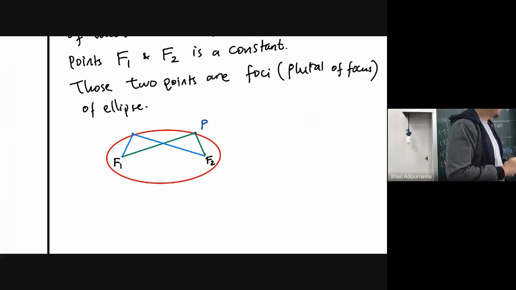What does it mean? If you move the P anywhere you want, F1P, PF2, this total distance will always be a constant. Anywhere your point, the distance will be the same. That's the definition of ellipse.